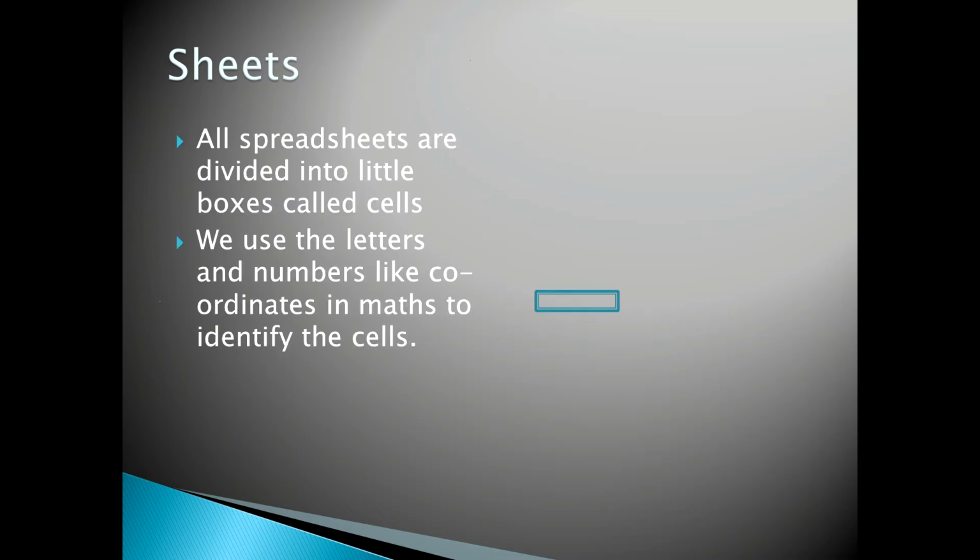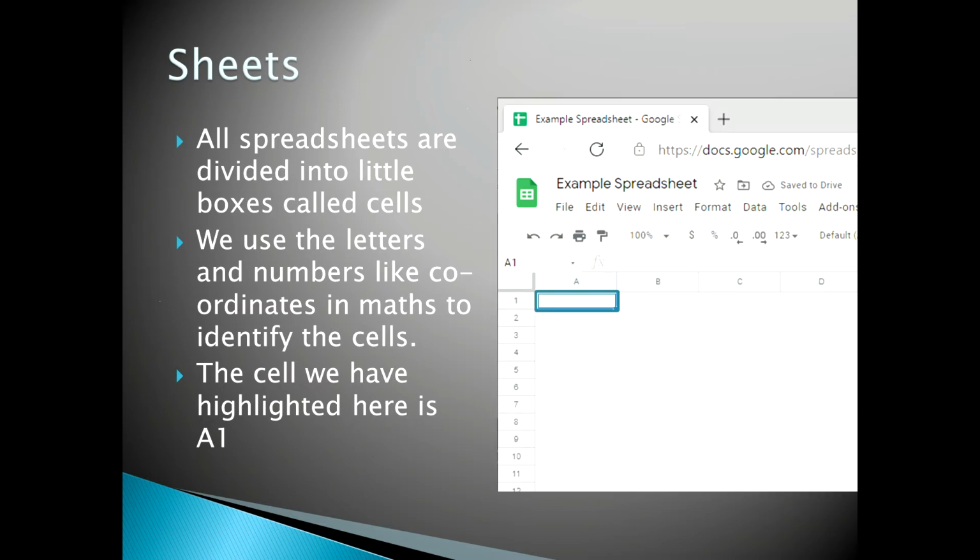Right, every single spreadsheet we've got is divided into little boxes called cells. I left highlighting up before the spreadsheet showed up, but that cell there has a cell address of A1. So we use the letters and the number, like we would use in maths, to identify the position of each cell.